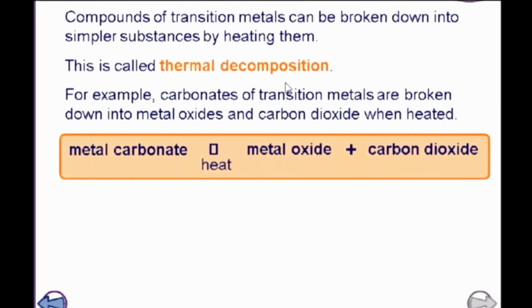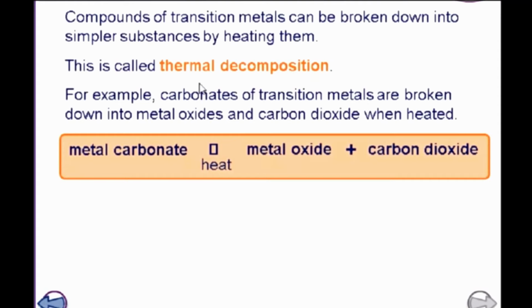This is called thermal decomposition. For example, metal carbonates, suppose magnesium carbonate or copper carbonate, will be broken down into a metal oxide. If it is copper carbonate, it will break down to copper oxide plus carbon dioxide when heated. So this is known as thermal decomposition. Thermal means heat and decomposition means when we break it down.